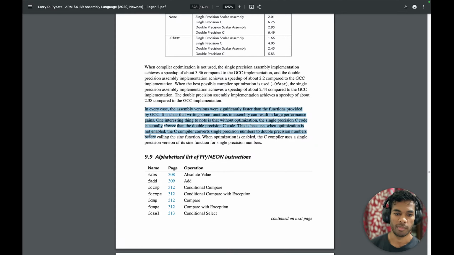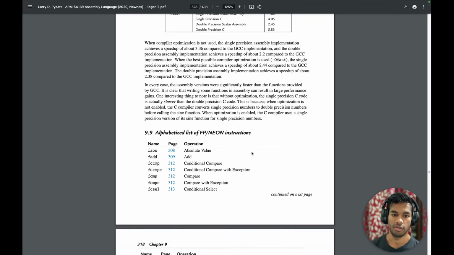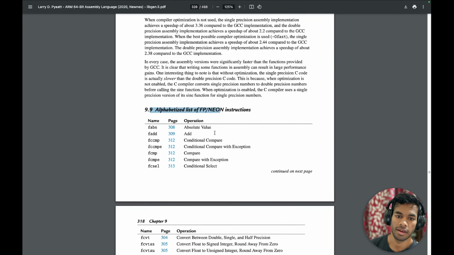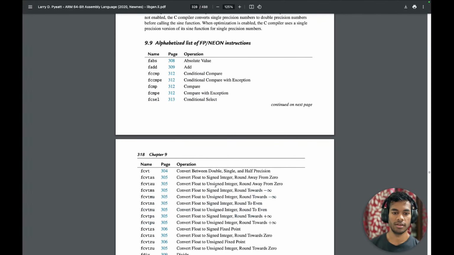This is because when optimization is not enabled, the C compiler converts single precision to double precision numbers before calling the sine function. When optimization is enabled, the C compiler uses a single precision version of its own sine function for single precision numbers.